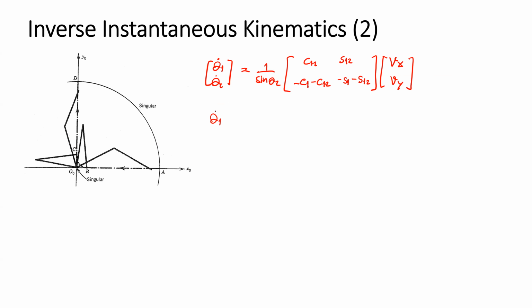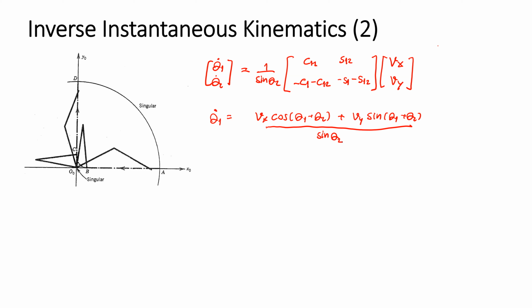So now we are going to relate the joint velocity and the endpoint velocity. Theta 1 dot is Vx cosine theta 1 plus theta 2 and Vy sine theta 1 plus theta 2, divided by sine theta 2.